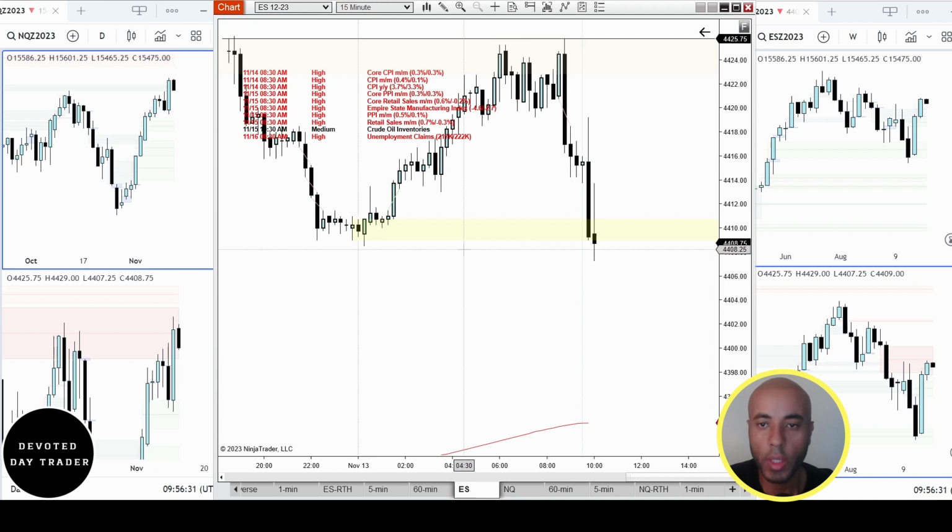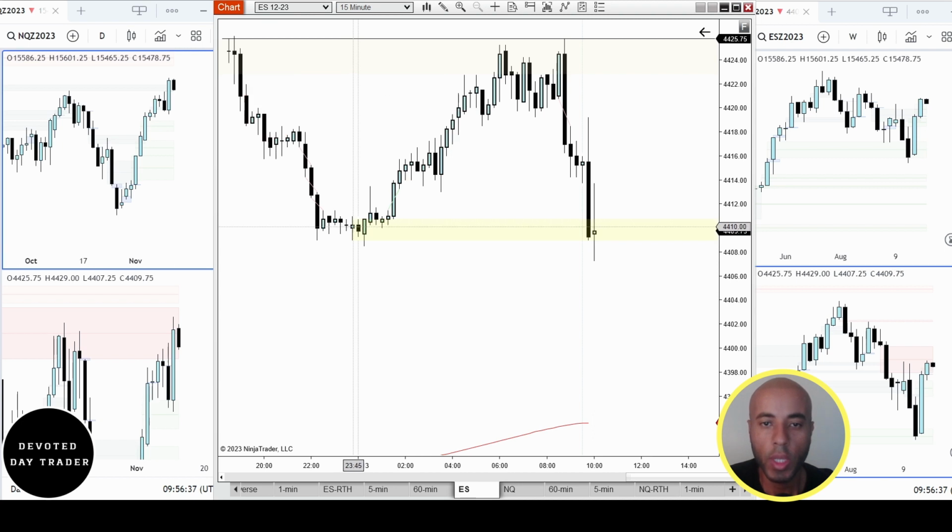Well, actually, on ES, this bull candle on the 15-minute should act as support, and it is still acting as support because this candle did not close below the yellow box, which is the range of this bull candle. Now I do want to see the next 15-minute candle close below it on ES.